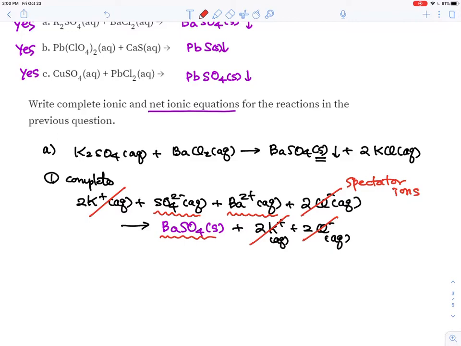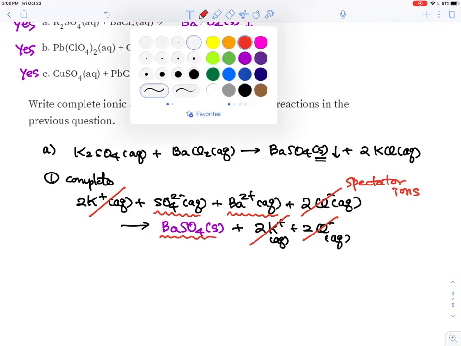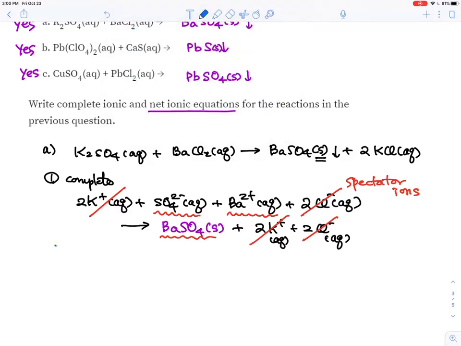They just show up as they are. Therefore, the number 2, which is a net ionic reaction, is not showing the spectator ions.